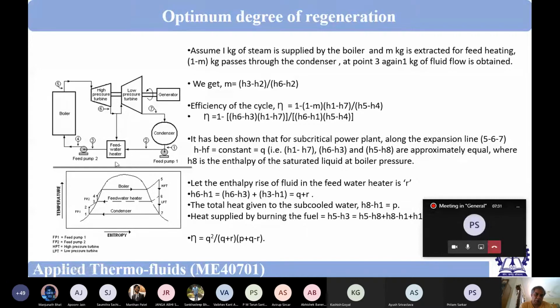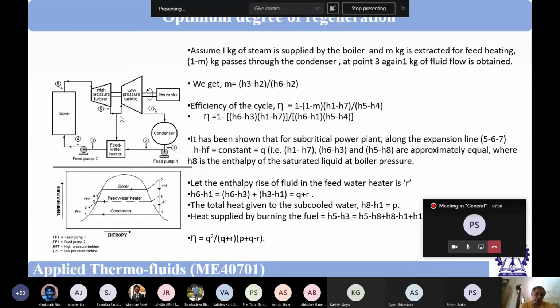So let us understand the cycle. Steam is coming from the boiler, going to the high pressure turbine. Then some amount of steam, the bleed stream, is extracted, and the rest goes to the low pressure turbine, and then it expands into the condenser. The condensate is pumped by the feed water pump or feed pump, and it goes to the open feed water heater.